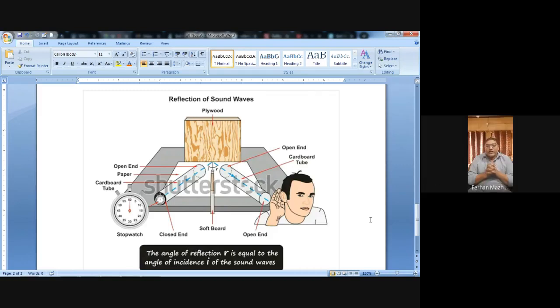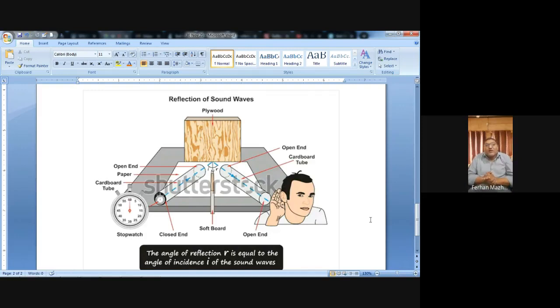When you speak, the sound waves come out of your mouth, and if there is a wall in their path, the sound waves bounce back from that wall. When you hear your sound again, we call it an echo. The sound waves reflected back from a rigid surface are called an echo.